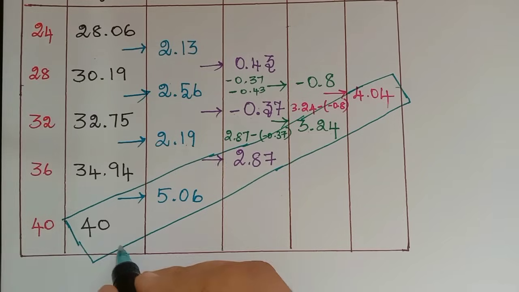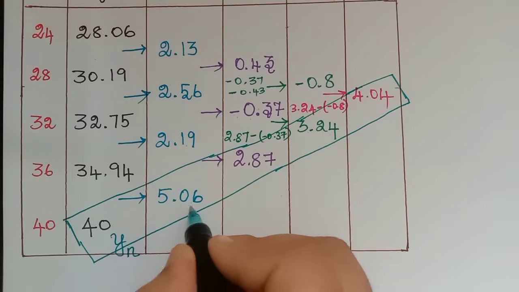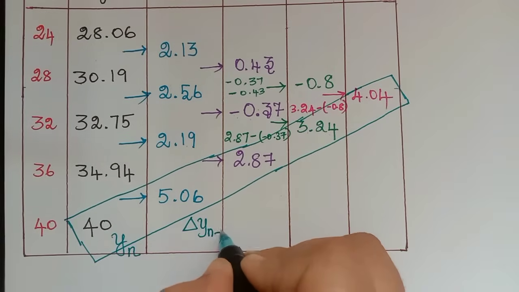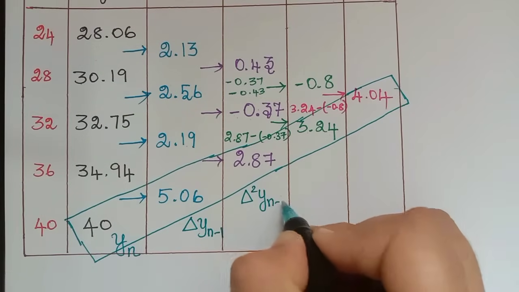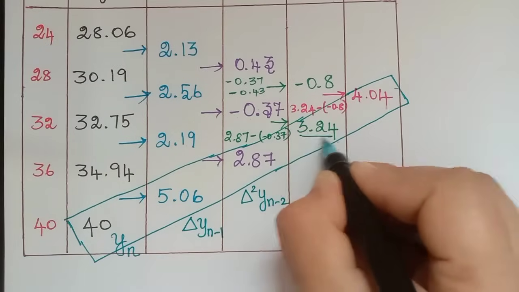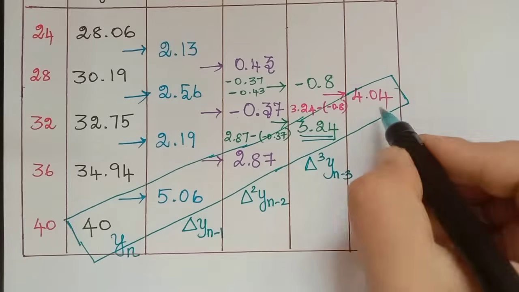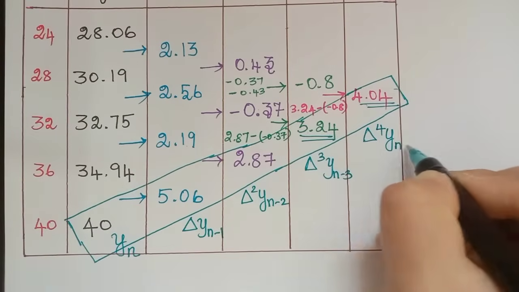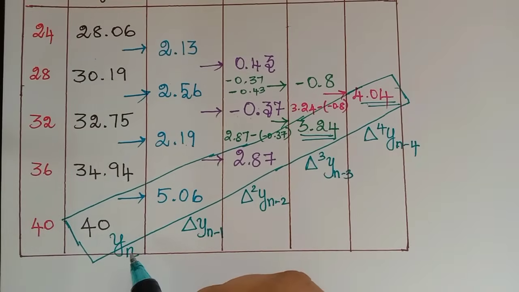The last value is yn, and this value 5.06 is delta y n minus 1. This is delta square y n minus 2. This value is delta cube y n minus 3, and this value is delta power 4 y n minus 4. So these are the values that we have to use in the formula.